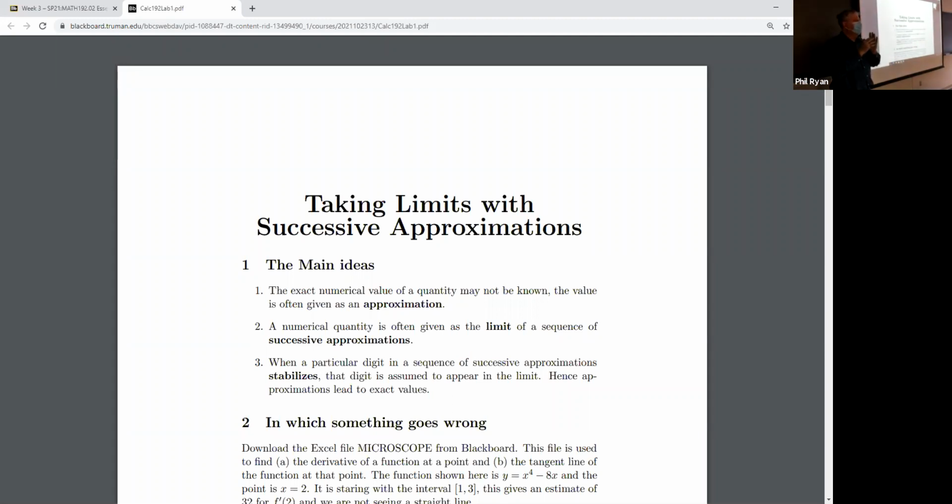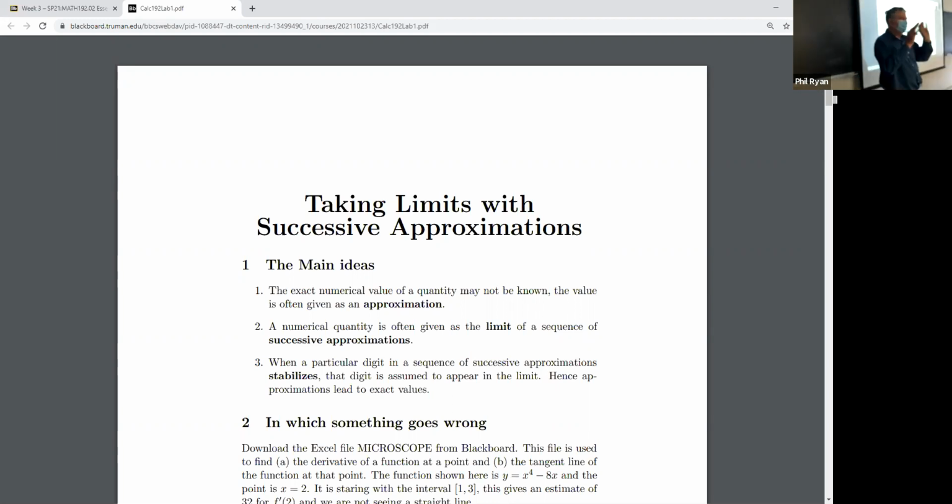So remember, we've defined the derivative as the instantaneous rate of change of a function at a point. And you can think about, what do you actually mean by instantaneous rate of change? For us, what we mean is the average rate of change we see when we take a really small interval.